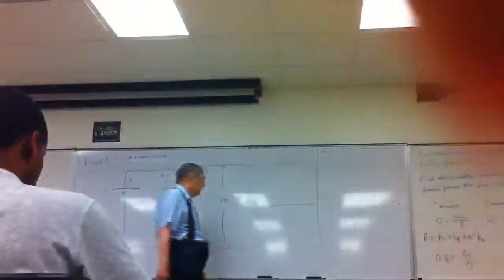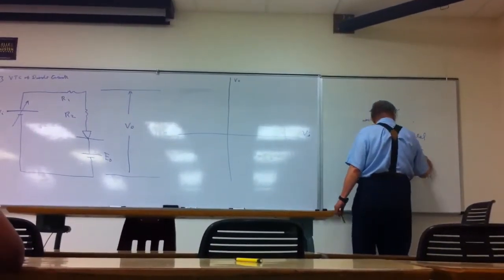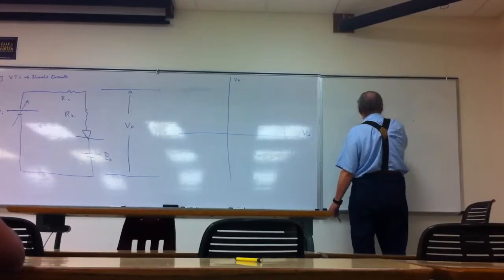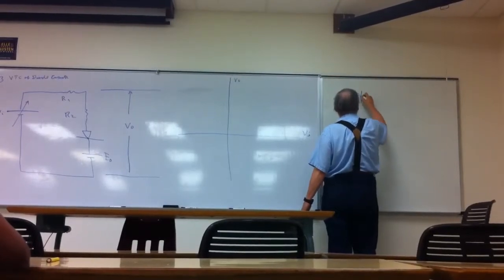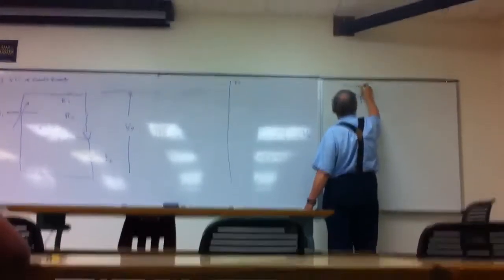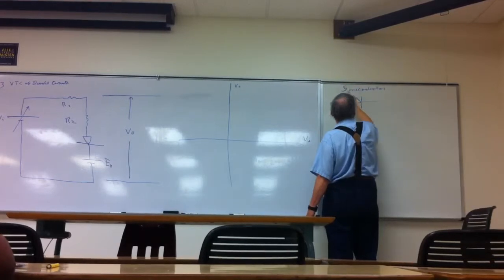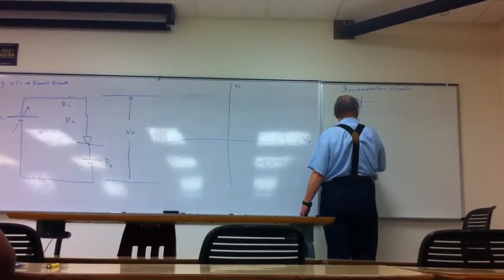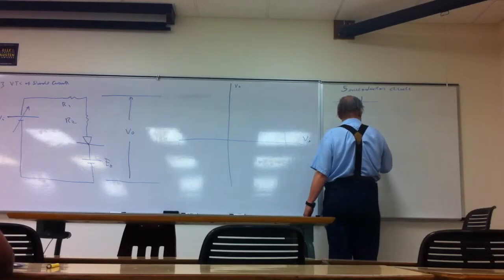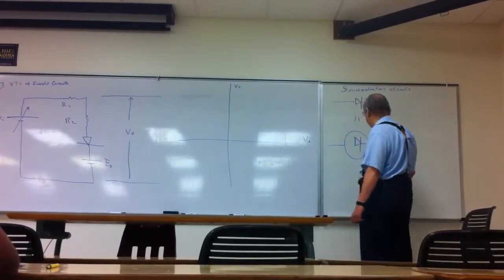The model of the semiconductor diode is an ideal diode, a triangle touching the vertical line, in series with a battery of V gamma volts. V gamma, you'll be told, is 0.65 volts.